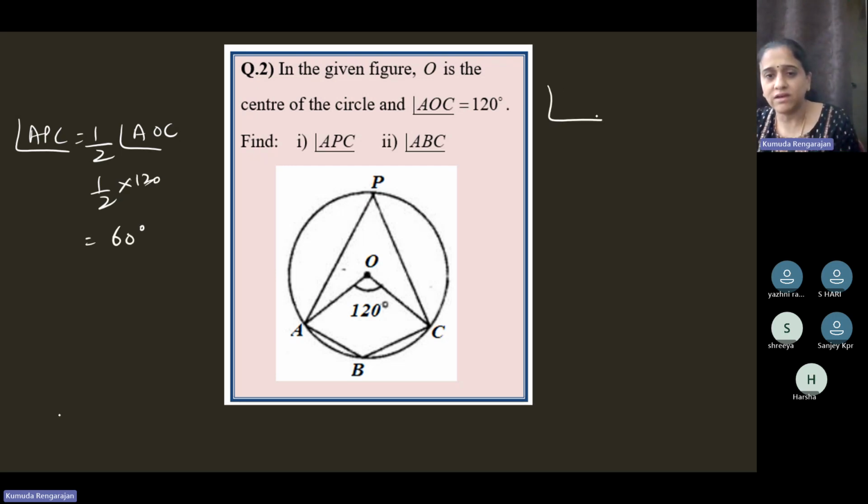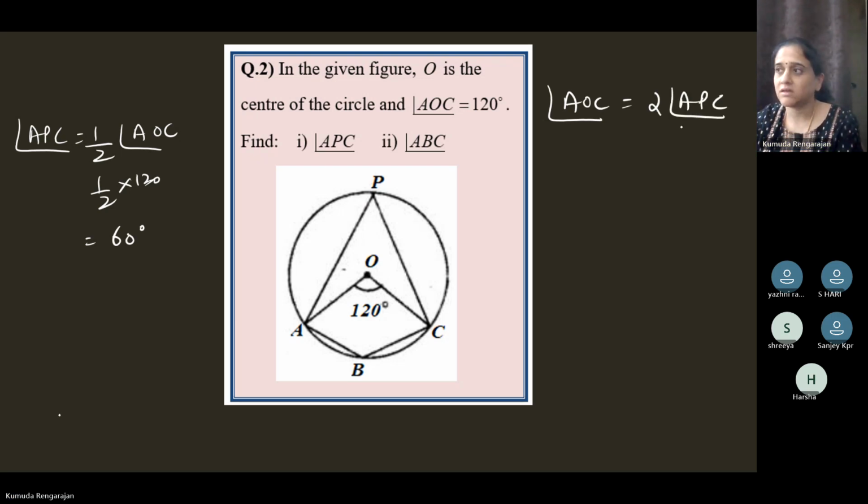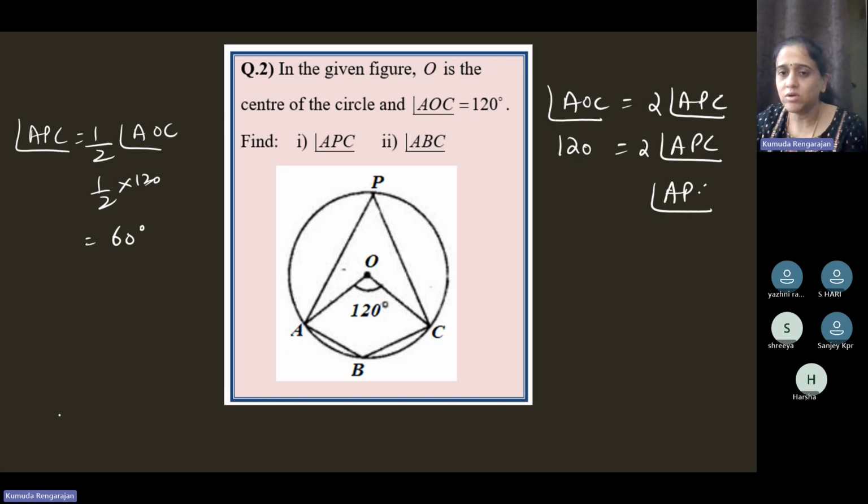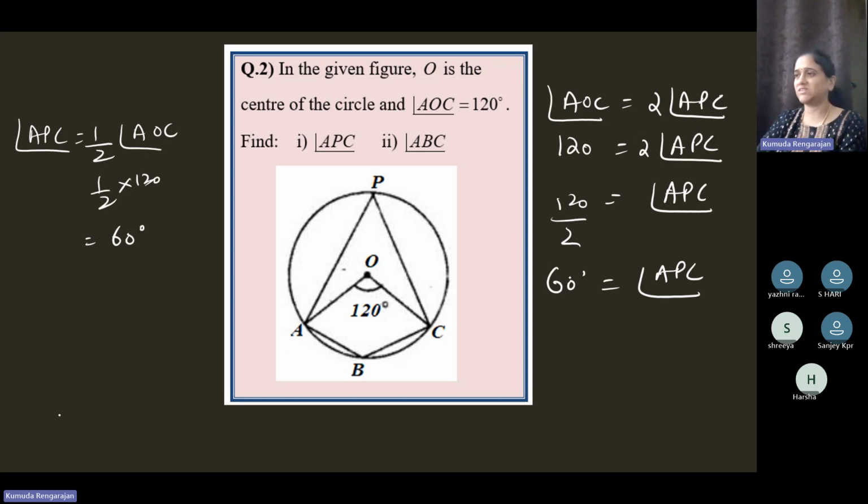Or else you can write angle AOC is 2 times angle APC. So 120 is equal to 2 times APC. So angle APC is equal to 120 by 2, which is 60 degrees. Either way you can go. APC is 60 degrees.